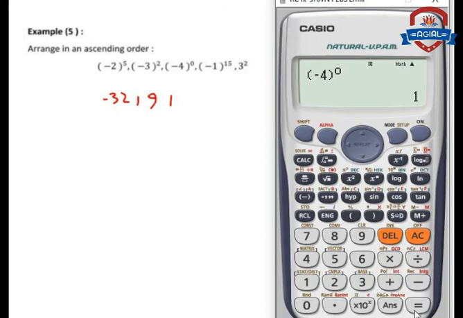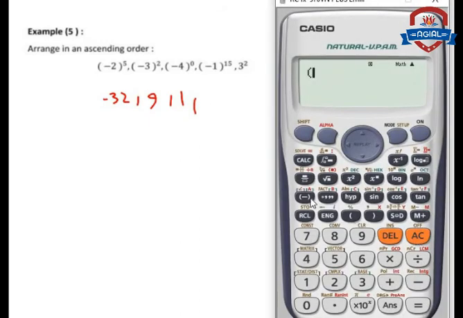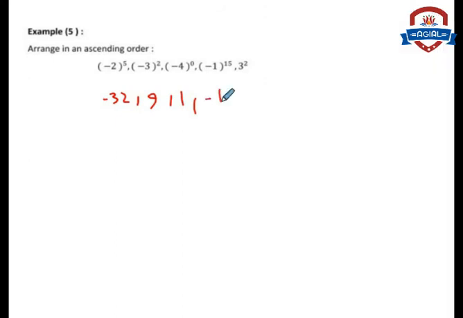So we have 1. And (-1) to the power of 15 equals negative 1. So we have negative 1.